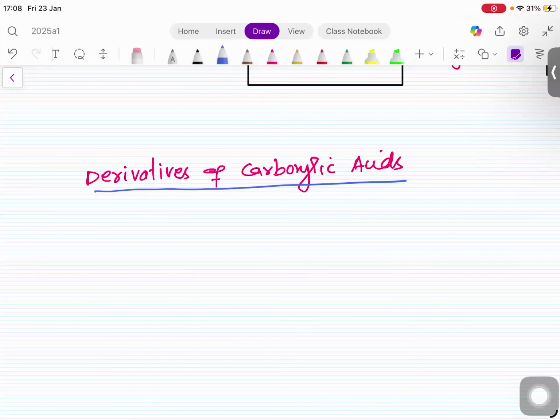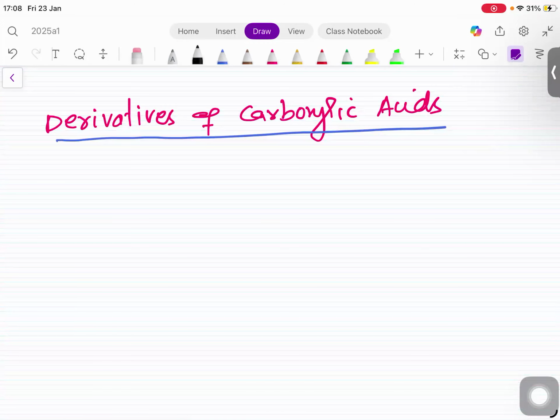Okay, now if I tell you one thing, for example, look at this. This is RCOOH. These are the carboxylic acids.